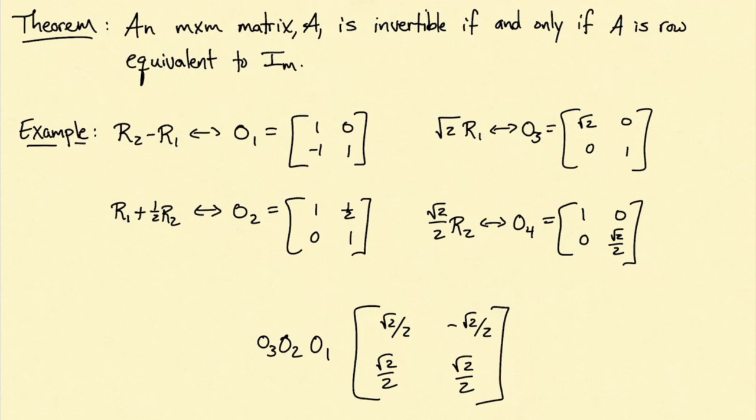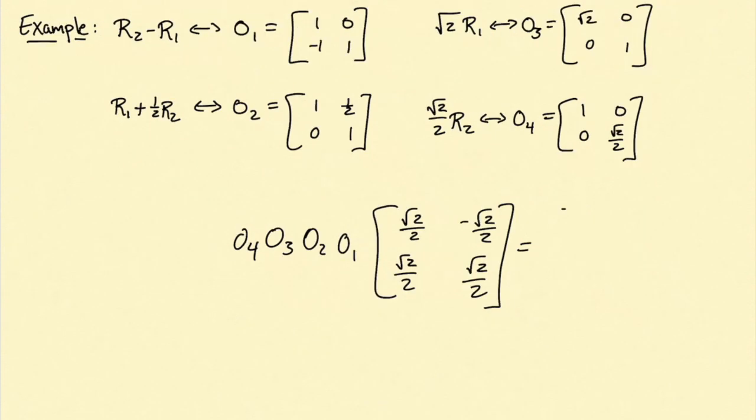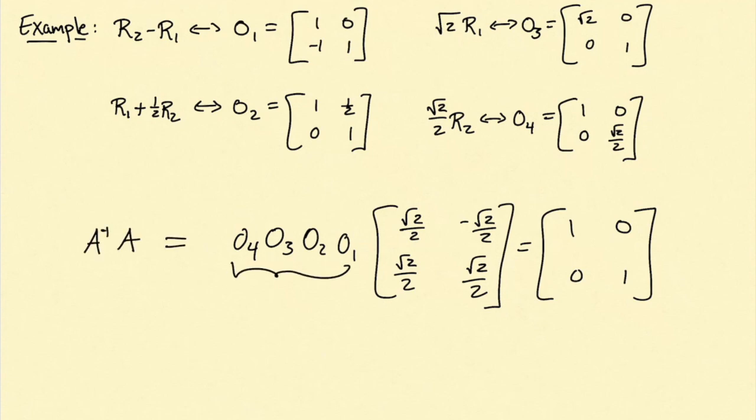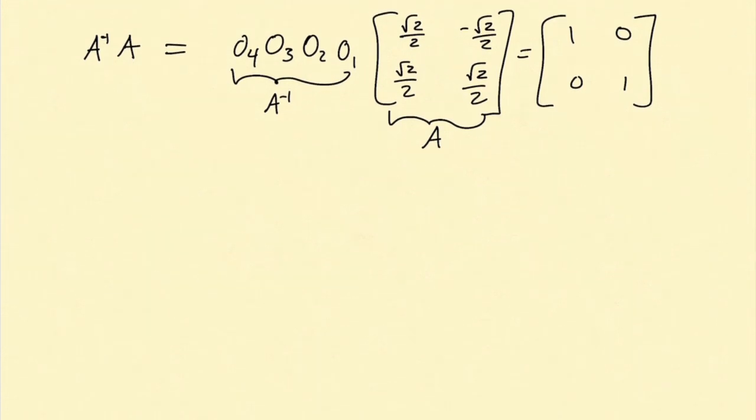Then we can multiply by O3, and finally multiply by O4. The result of this is simply the identity matrix I. So this tells us if we take the 4 operations corresponding to the 4 steps in the Gaussian elimination algorithm and multiply them together from left to right, last operation to first, then we'll get the inverse of our matrix A.